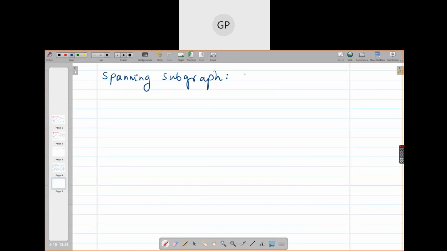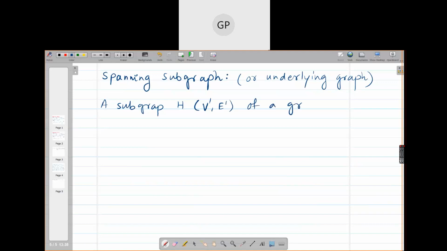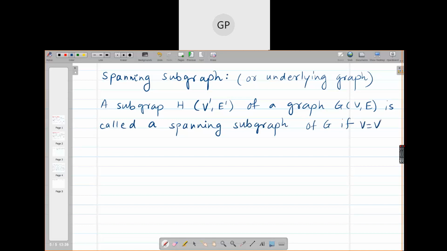Spanning subgraph or underlying graph. A subgraph H = (V', E') of a graph G = (V, E) is called a spanning subgraph of G if V = V'.